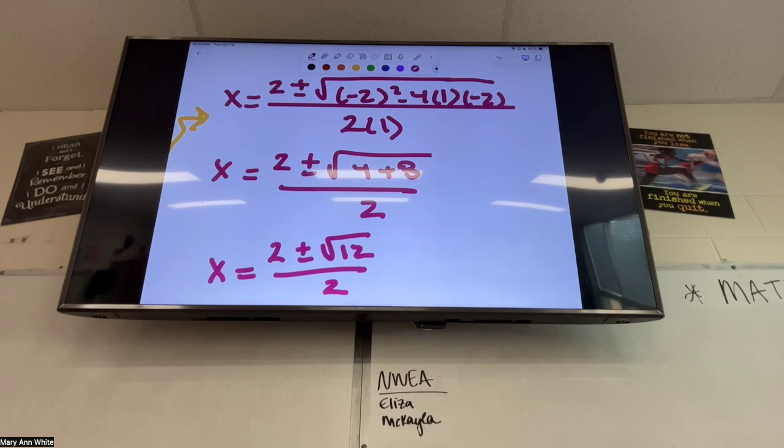In this case, I am going to have to simplify this radical, so root 12 breaks down to 2 root 3. So I get 2 plus or minus 2 root 3 over 2.